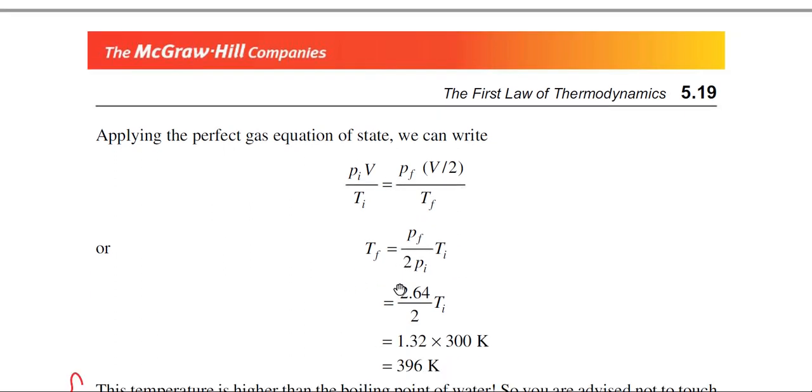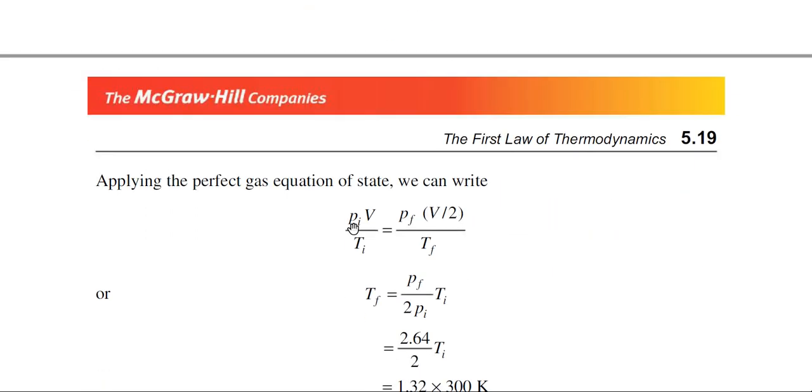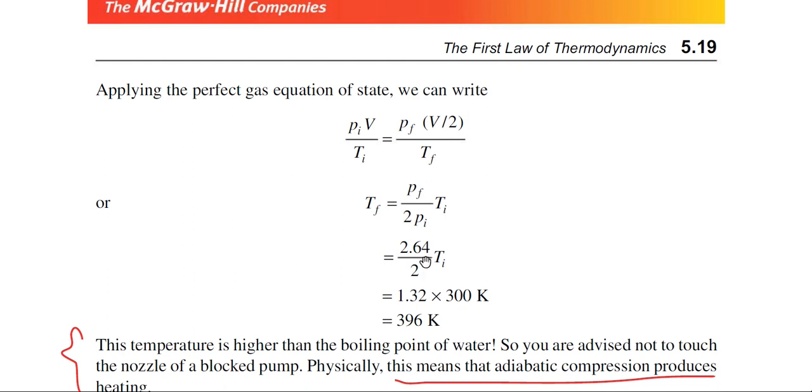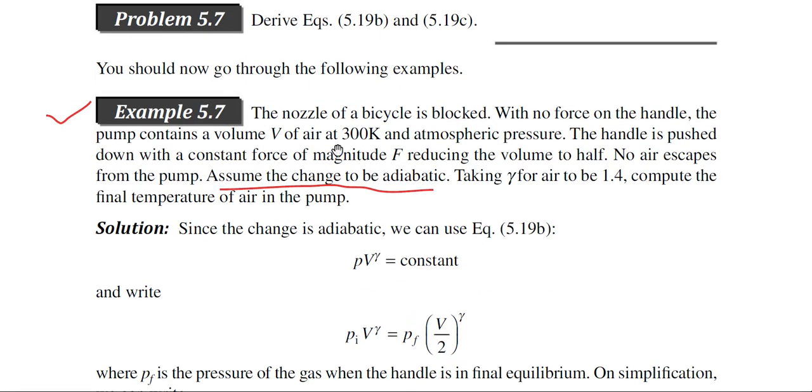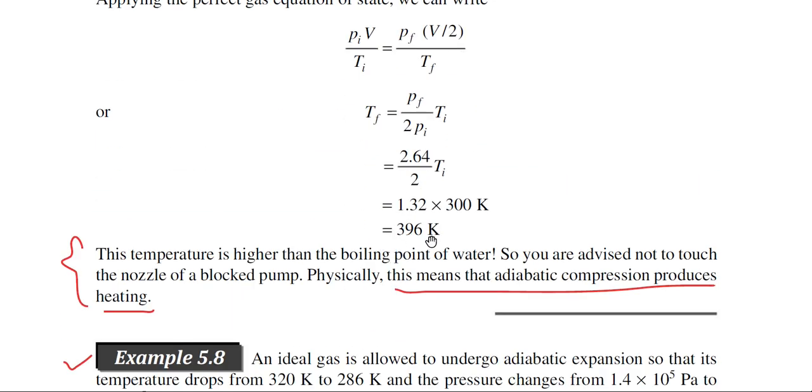So, Tf is equal to Pf by 2 Pi into Ti. The relation between Pf and Pi has been established: Pf is equal to 2.64 Pi. So, ultimately we get Tf is equal to 396 Kelvin. The initial temperature was 300 Kelvin and the final temperature is 396 Kelvin.